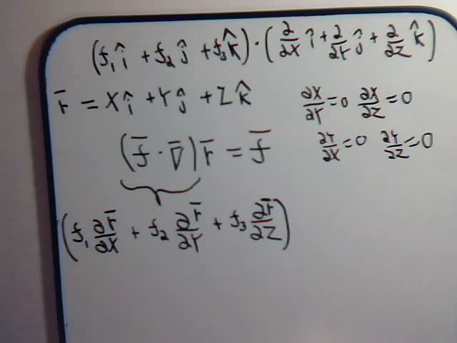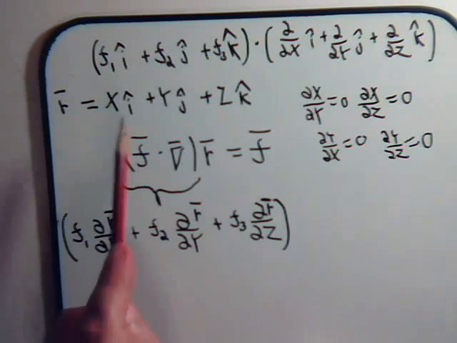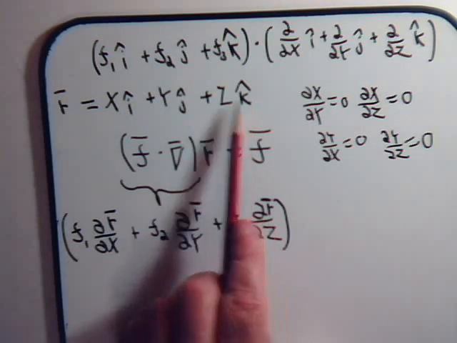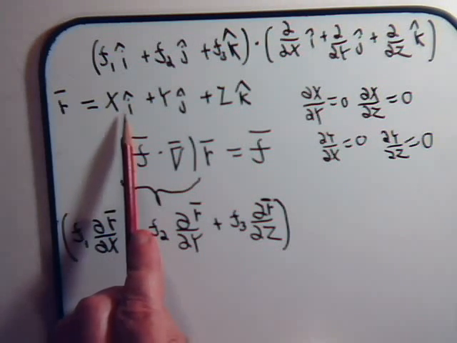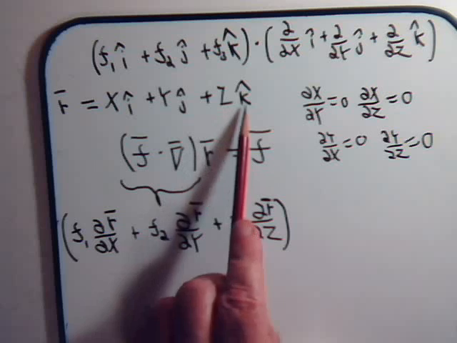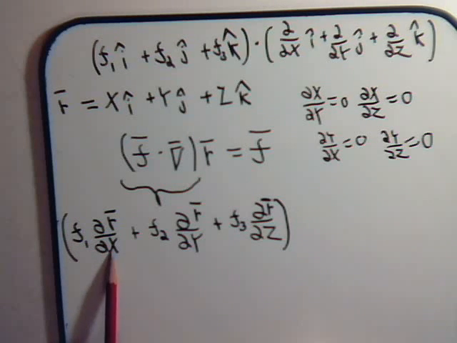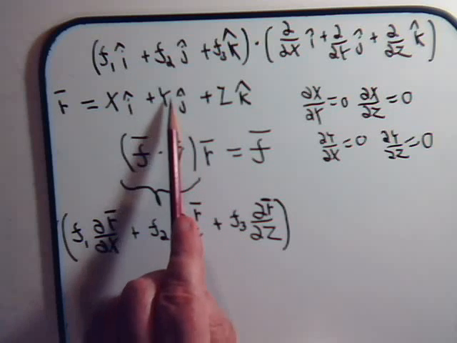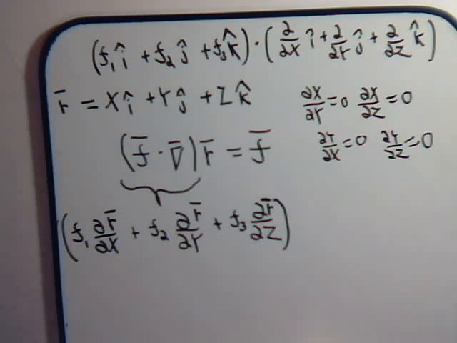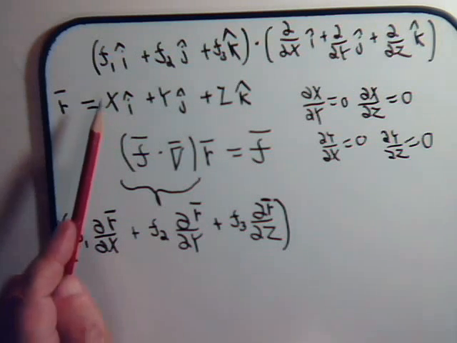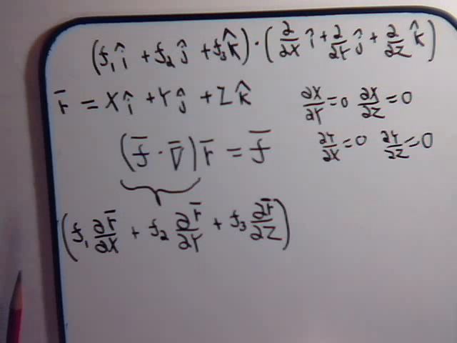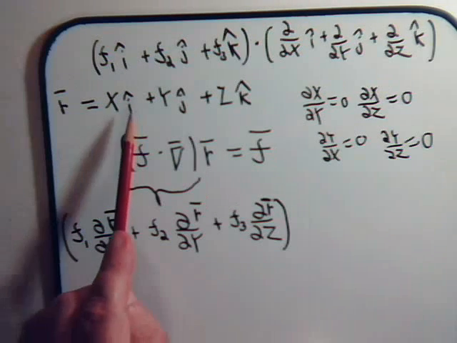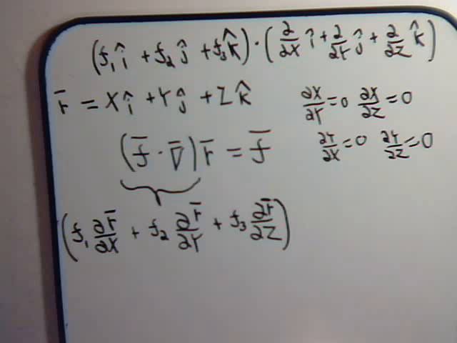So, let's go ahead then. Here's our position vector. First off, we want to take the partial derivative of this expression with respect to x. The partial of z with respect to x, that's 0. The partial of y with respect to x, that's 0. The partial of x with respect to x, that's 1. We have 1 times the unit vector i. So this just simply gives us the unit vector i.